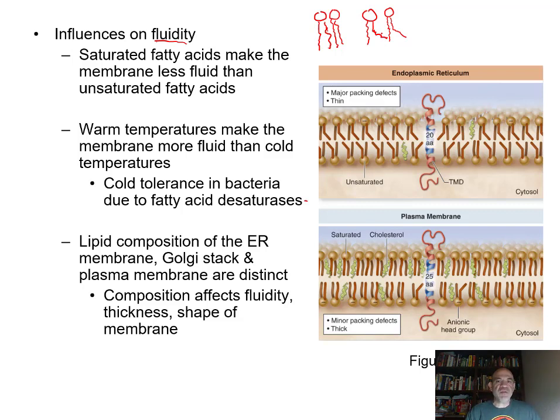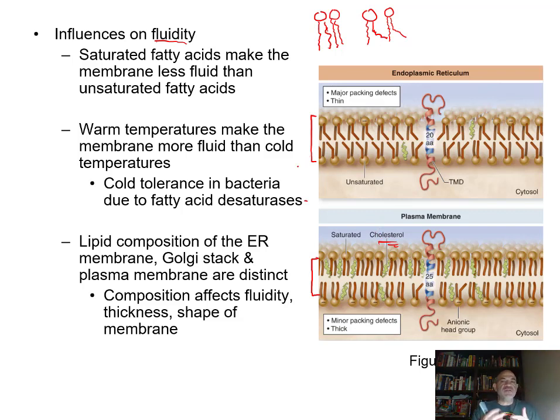As you can see in the comparison of these two membranes, this membrane has a lot of unsaturated fatty acids, a lot of kinks or bends in the fatty acid tails, so this one would be more fluid. If we look at this membrane right here, those fatty acids tend to be saturated and they're straighter. You can see the cholesterol molecules within there too. Now, which one is going to be more fluid?